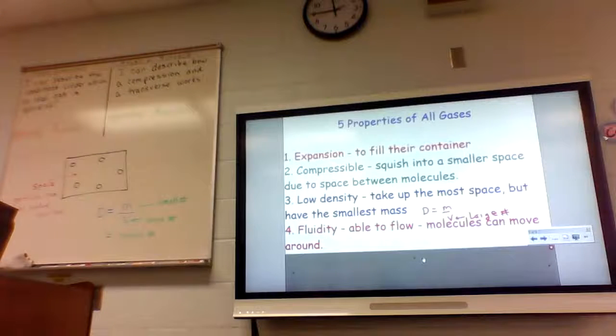Number 4, fluidity. Fluidity is the ability to flow. Molecules can move around. Does that mean it can conduct? Not necessarily, because we're not talking specifically about electrons and their ability to flow or move.